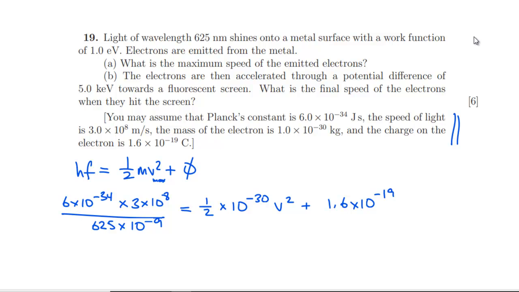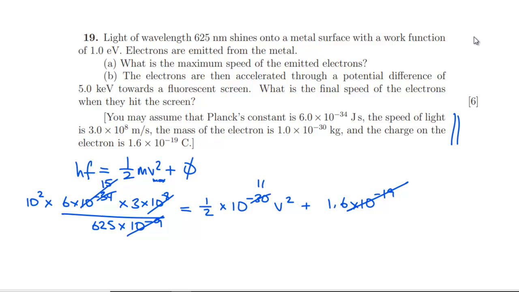So let's multiply everything by 10 to the 19. So we'll get rid of that. We'll make that an 11 and we'll make that a 15. Then of course we've got a 17 here, haven't we? So we can get rid of that and that and that and make it a 10 squared.